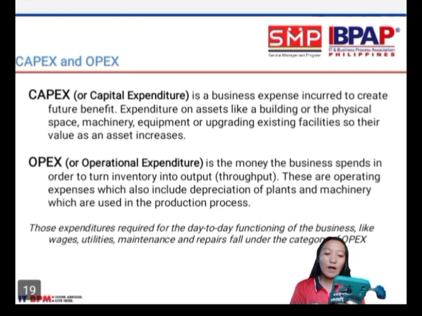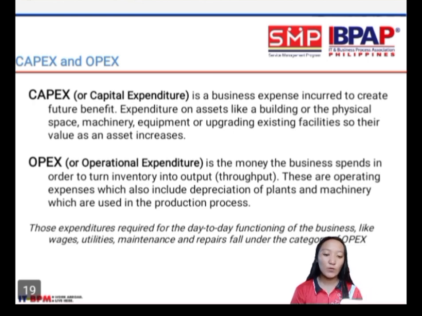So, capital expenditures or CAPEX are funds used by a company to acquire, upgrade, and maintain physical assets such as property, plants, buildings, technology, or equipment. So, CAPEX is often used to undertake new projects or investments by a company.